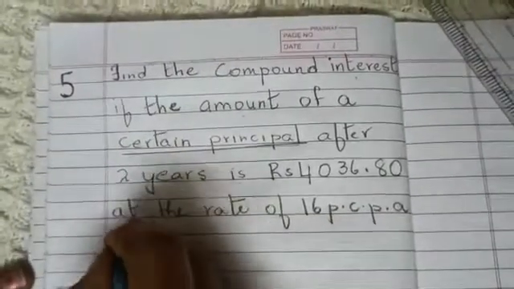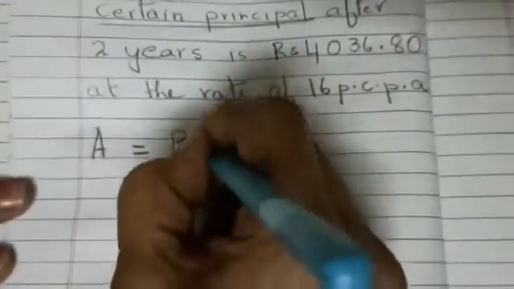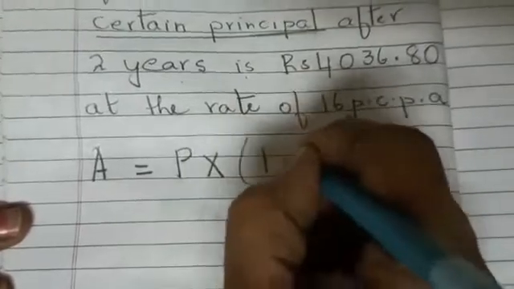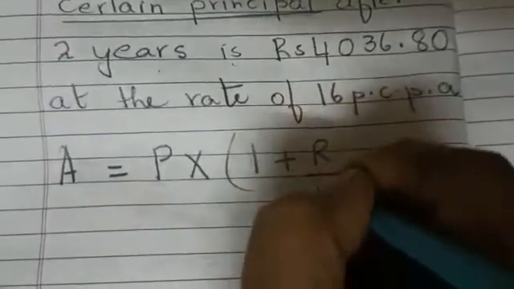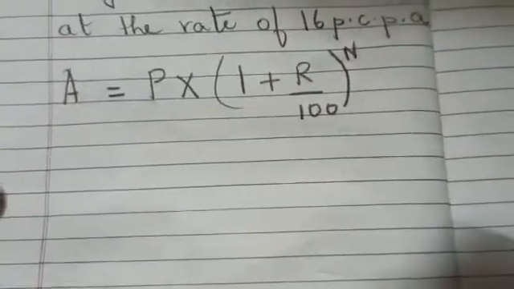We are going to solve this sum also using the same formula. A is equal to P into (1 plus R upon 100) the whole raised to the power of n.